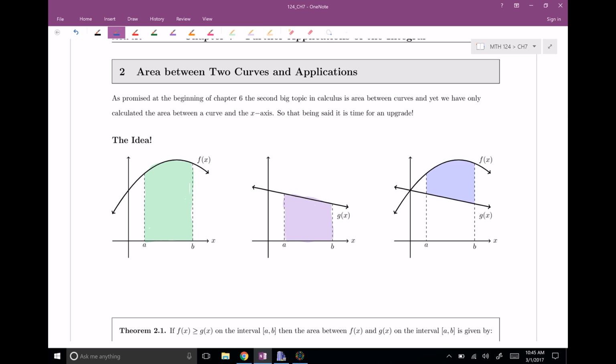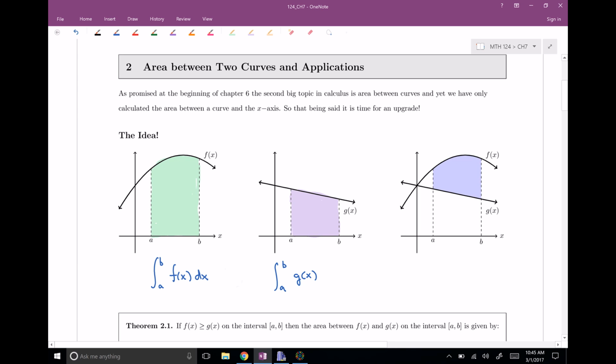If I was to calculate the area under f, you would do a definite integral from a to b of f of x dx. And then if I was to calculate the area of the purple region here, this is going to be from a to b of g of x dx. In order to achieve this final picture, what I'm going to want to do is take the area that f has and then subtract away the area that g has.